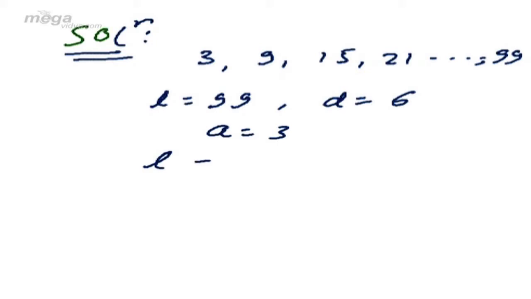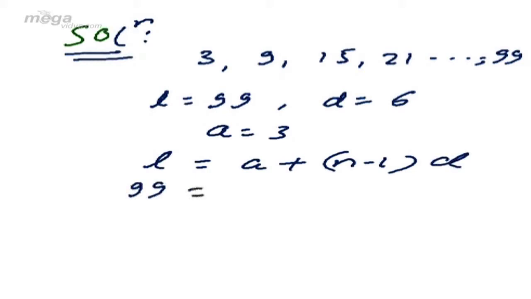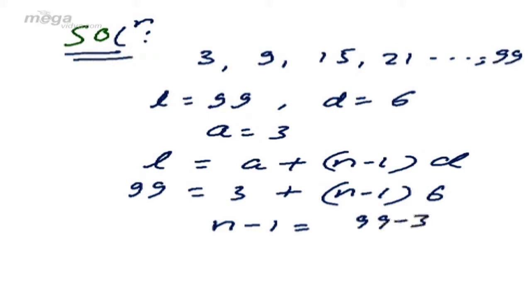You know this formula: L is equal to A plus n minus 1 into D. L is 99, A is 3, n we have to find, and D is 6. Therefore, we get n minus 1 is equal to 99 minus 3 upon 6. It becomes 16. Therefore, n is equal to 17.